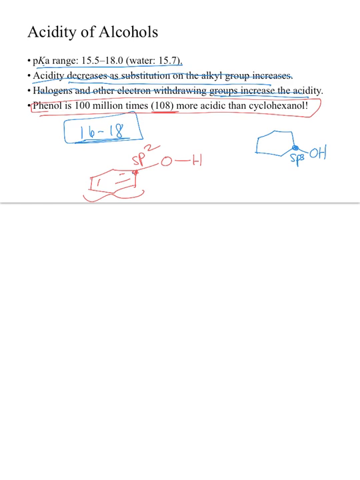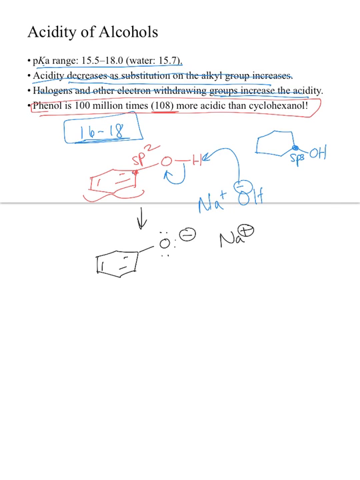Now what happens is, when you have something like sodium hydroxide, it deprotonates that proton, and you generate the phenoxide. So you generate the sodium phenoxide. And the reason why it is more acidic is because of resonance stabilization.